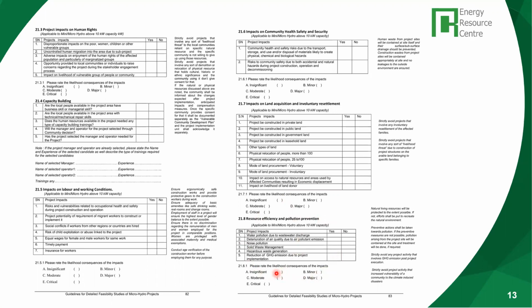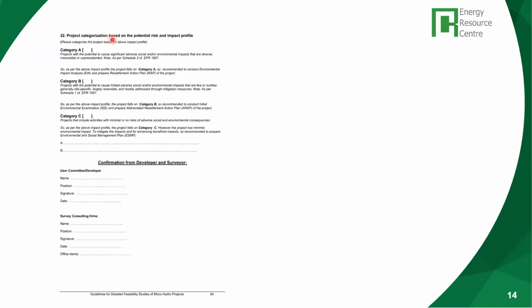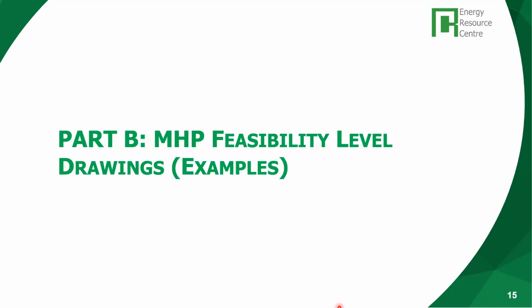And finally, based on that, as I mentioned, we have to categorize the project based on the potential risk and the impact. And so these, as I mentioned, are the 22 different items that are included in a basic feasibility study of a mini or a micro hydro power project.